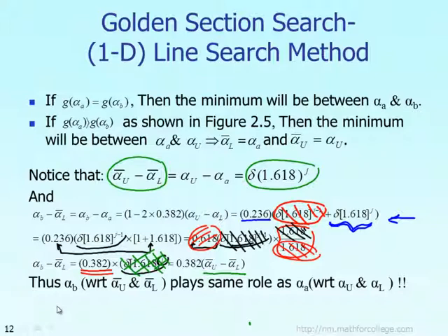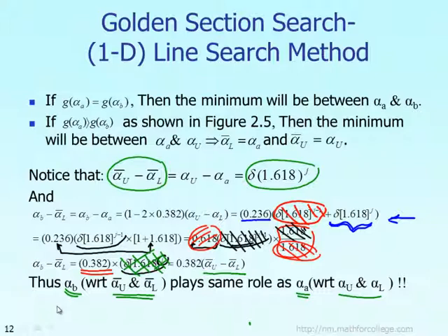Suddenly, I feel very happy. You know why? Because the alpha B with respect to the new lower bound and the new upper bound plays the same role as the alpha A with respect to the old upper bound and the old lower bound.